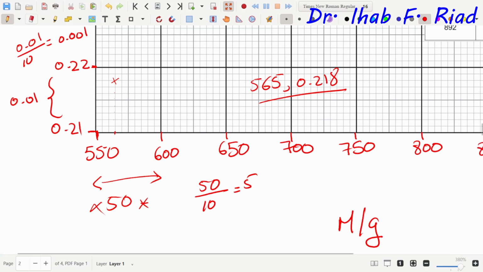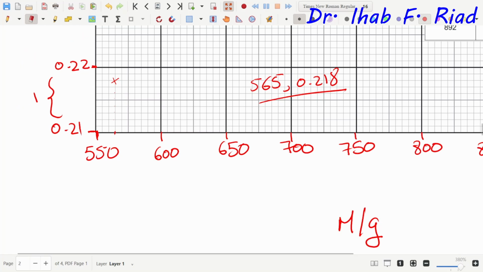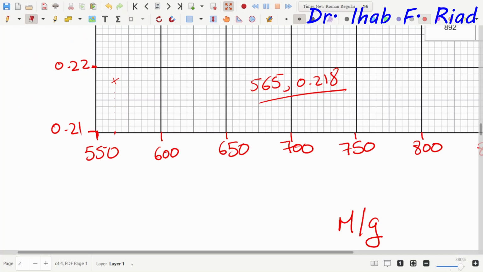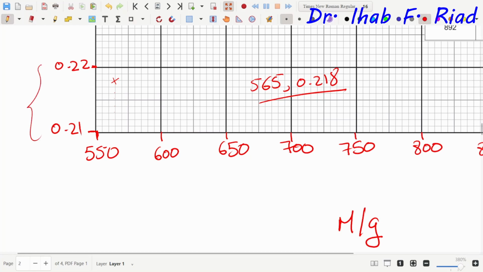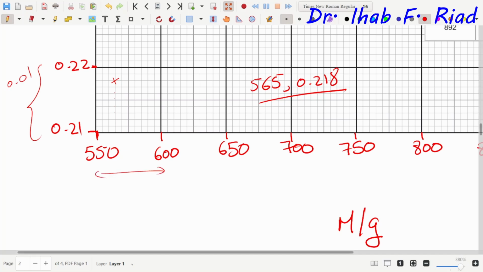What if counting is a little bit difficult? It doesn't happen all the time that the scale is good enough that we can do the counting that easily. Is there another way other than counting? Actually, yes.